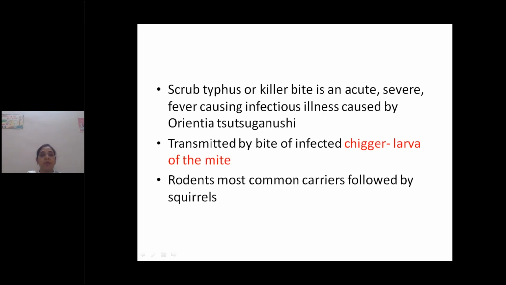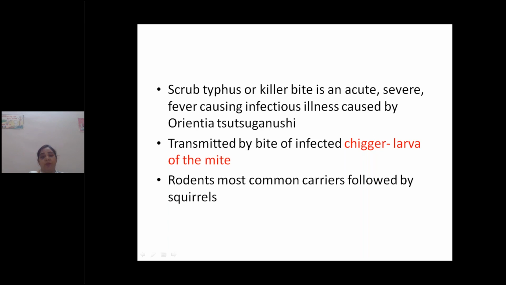Scrub typhus, or killer bite, is an acute, severe, fever-causing infection caused by Orientia tsutsugamushi. So scrub typhus is also called killer bite. The infection is very acute.